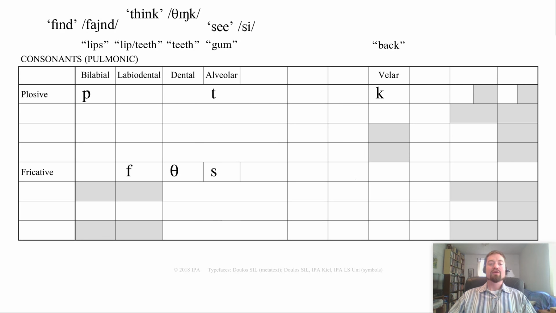Now there's another fricative sound that's also close to S. For this one, we just move the tongue further back, a little bit behind the S. So instead of touching the gum, we touch behind the gum. And this is called post-alveolar, or after the alveolar, behind the gum.